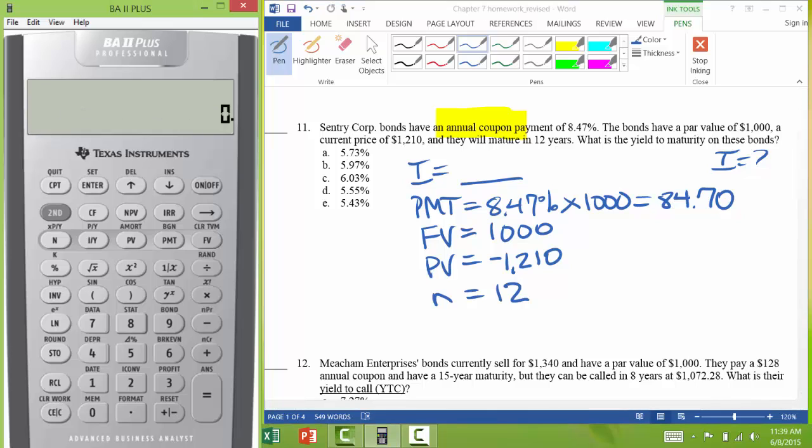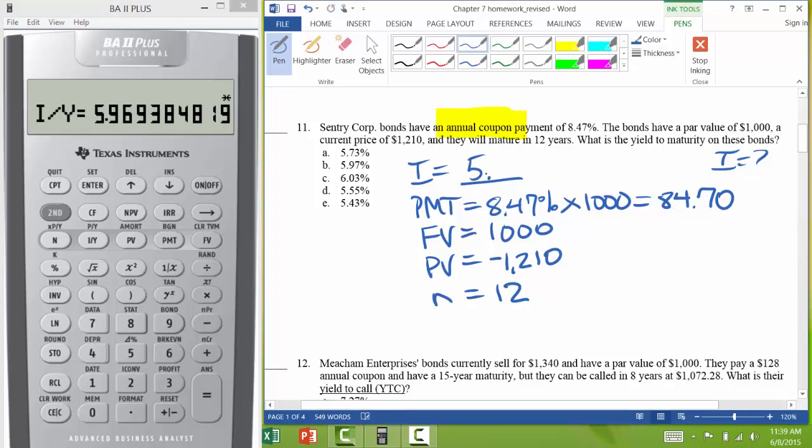I'll put in $84.70 as my payment, and then 1,000 as the future value, negative 1,210 as the present value, and 12 N, and then I'll hit compute I/Y, and so I get 5.97%, and that's answer B.